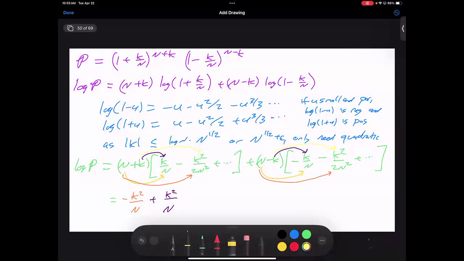N plus k log, minus k squared over 2. All right, we're off by a factor of 2.